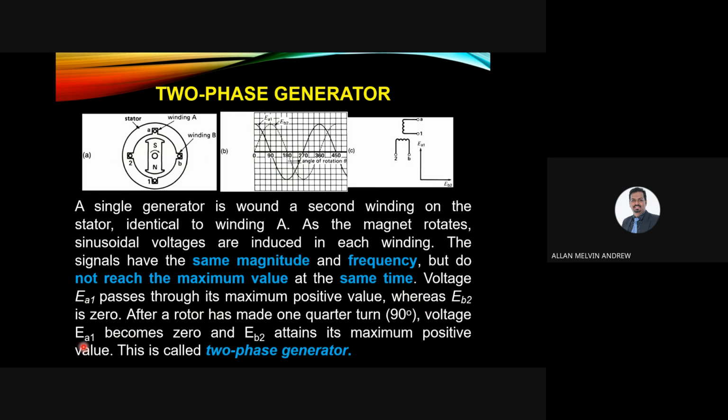So voltage EA1 becomes 0, and we can see EB2 becomes maximum. So this is called a two-phase generator. In the two-phase generator, two signals are generated and they appear at different times.